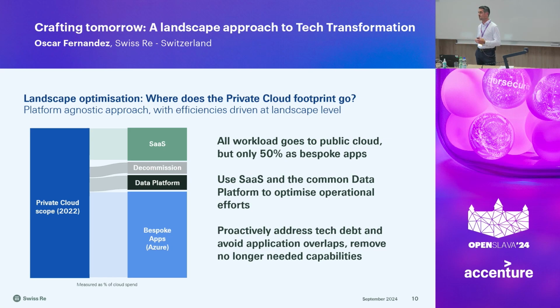The rest is either going into SaaS, into the common data platform, or is being decommissioned. What that means for us is that we can lighten our operational responsibilities. We shift some of them to the partners, and then we can use our engineering capacity to really make the difference where we do most for our business, but also contributing to growing our data platform.